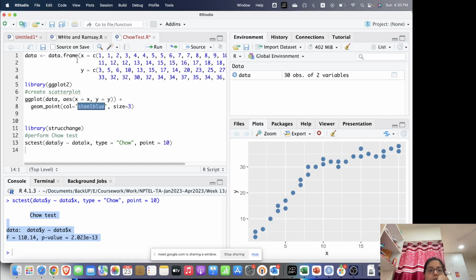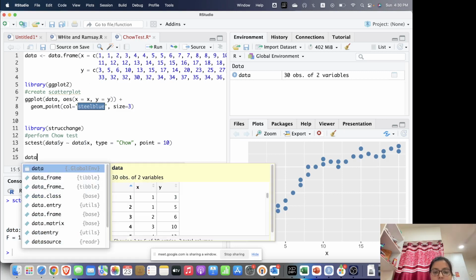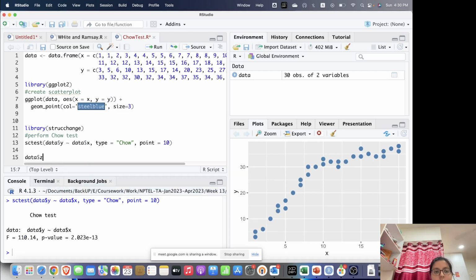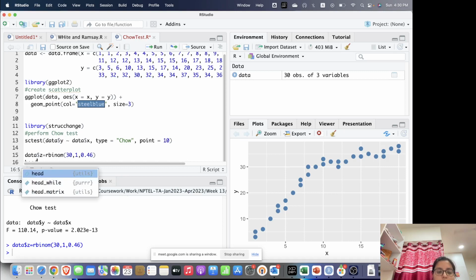So let's say I'm going to incorporate another variable here. I have 30 observations, no?